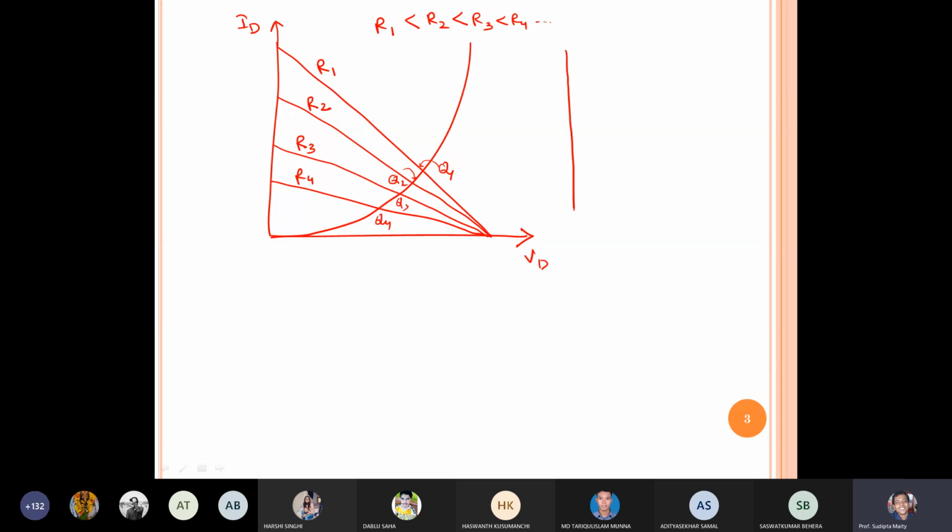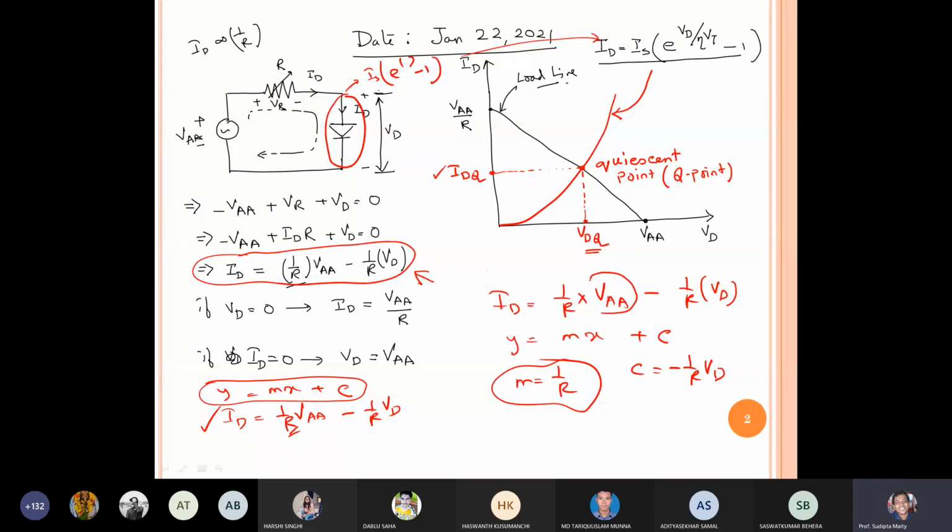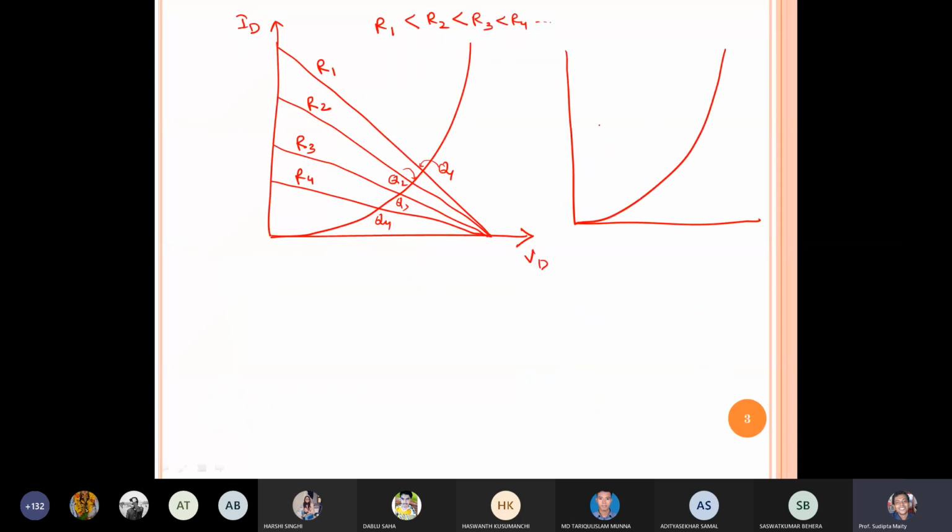Using a similar approach, if we change this voltage VAA to different values, I will always get parallel curves, because 1 by R is fixed, since the resistance is fixed.